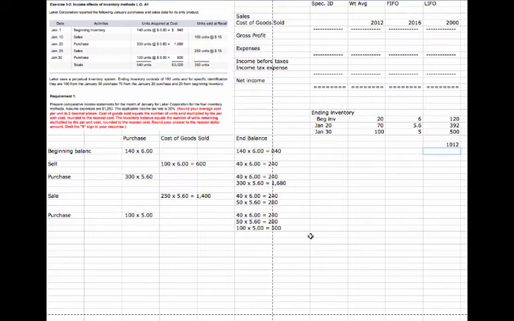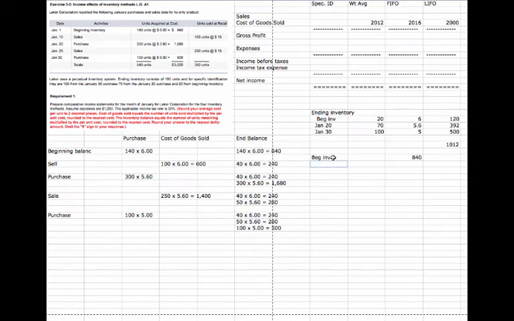So, remember our beginning inventory formula? We need to know what's available. So if I said, what's my beginning inventory plus purchases, I could say my beginning inventory, which was $840.